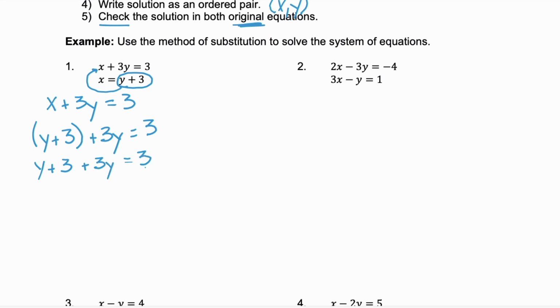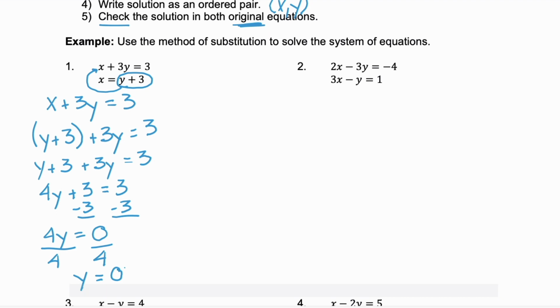Now we combine the like terms on the left, and we get 4y plus 3 equals 3. Now we're trying to solve for y, so let's subtract 3 from both sides. That brings us to 4y equals 0. Now divide by 4 to isolate the y, and y equals 0.